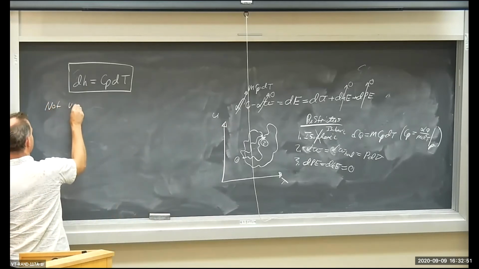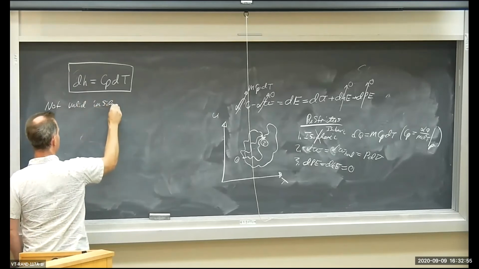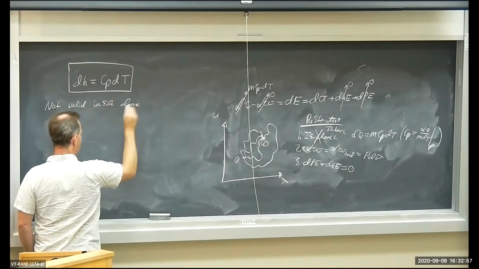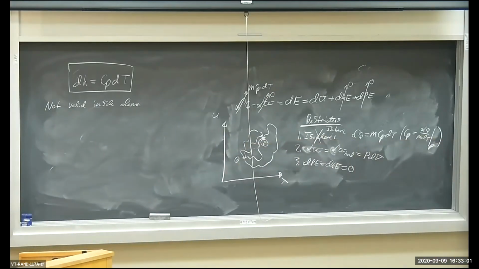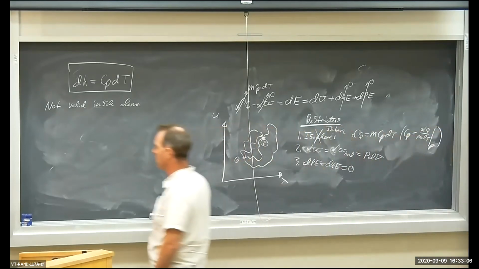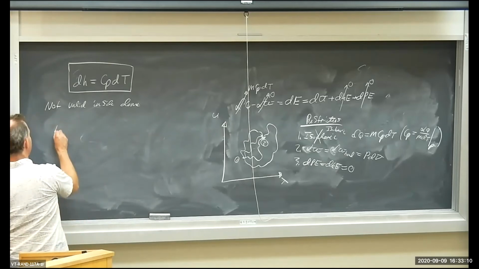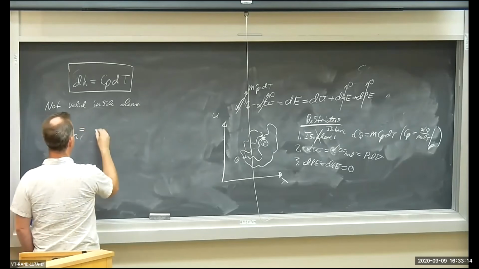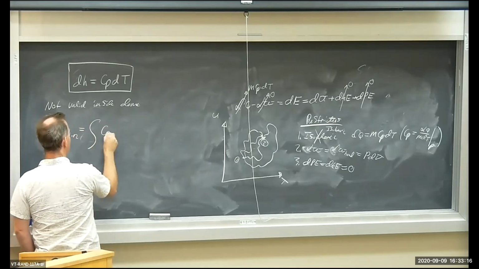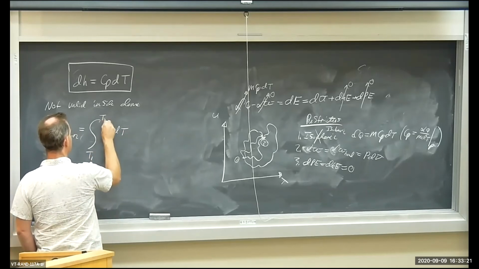Not valid inside the dome, but valid outside the dome. Valid outside the dome. Superheated vapor in particular. And then, of course, delta H from state 1 to state 2 is equal to the integral of Cp dT from T1 to T2.